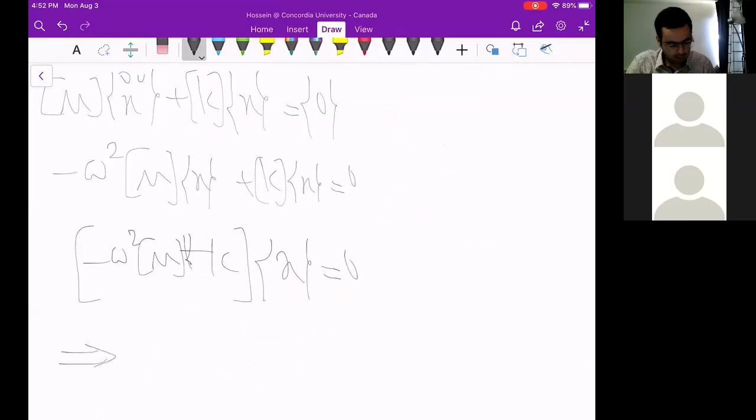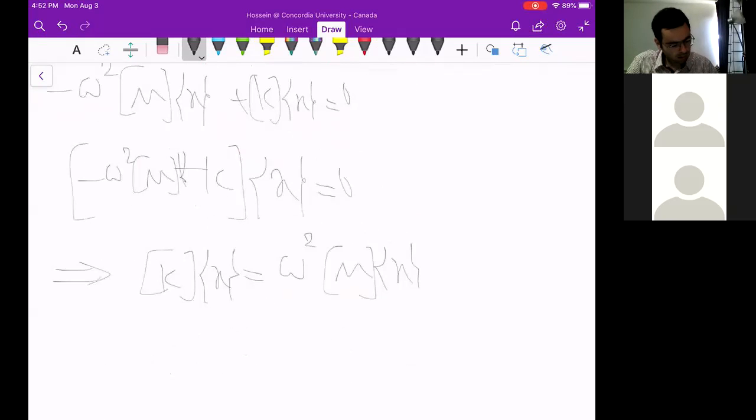Therefore, you could say k x is equal to omega squared m x. If I multiply both sides of the equation by k inverse, then displacement from the left is going to be equal.